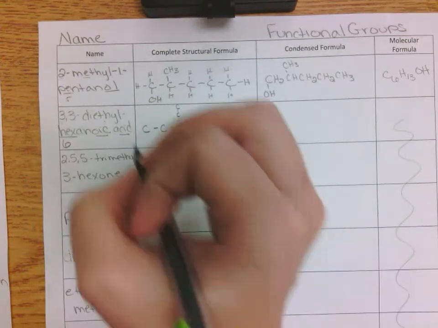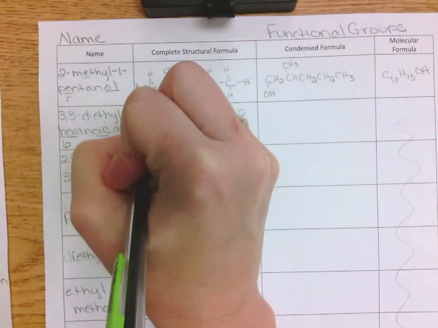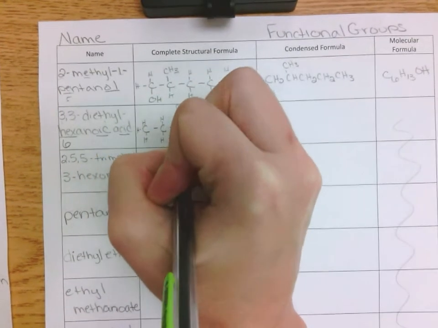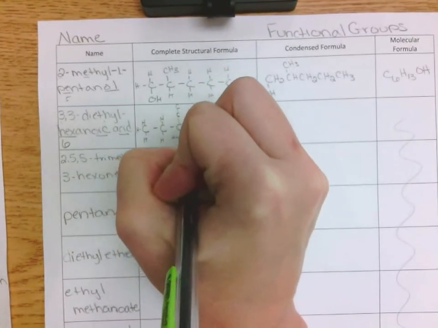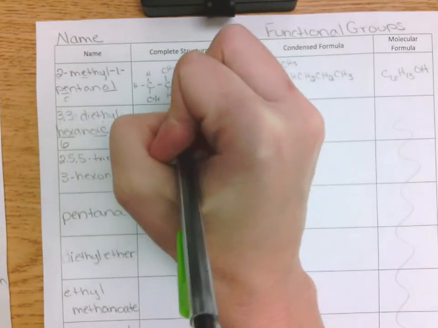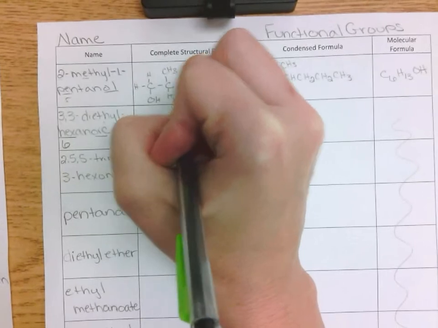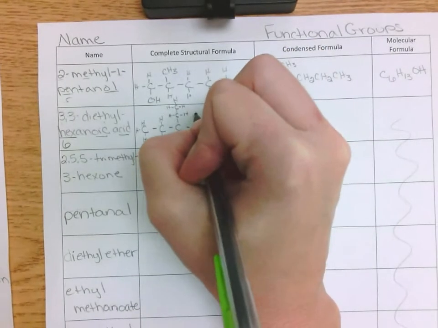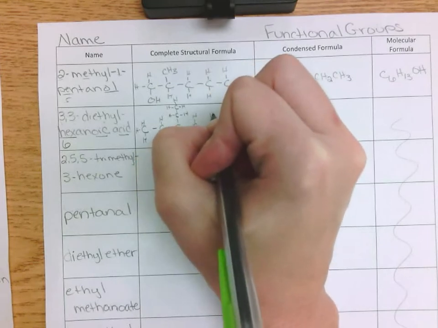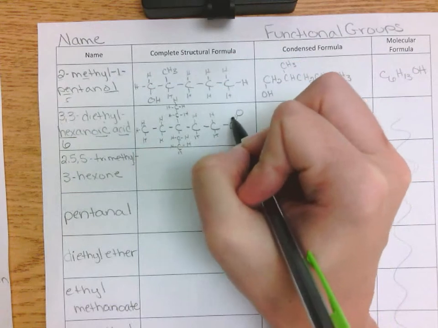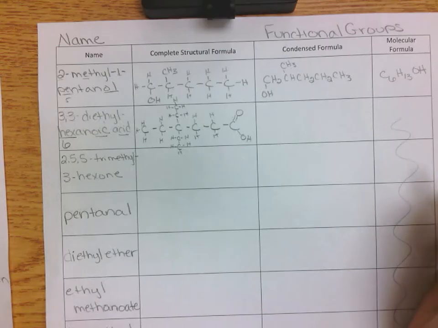Now I just need to add my hydrogens very carefully. On this last carbon, we have a bond here, 2 here, and 1 here, so that makes 4. So we don't have to put any hydrogen on it.